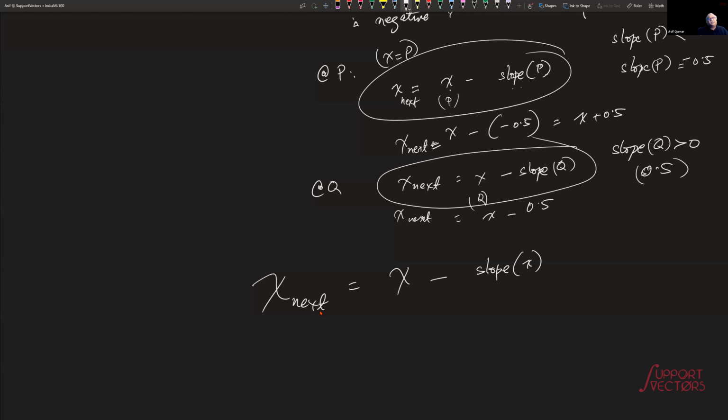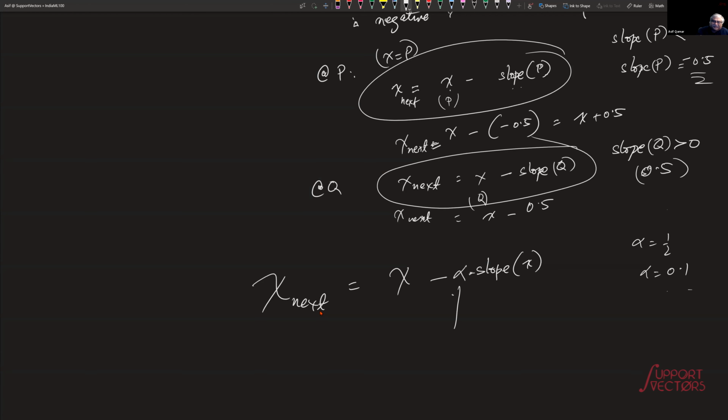You may choose how big a step you take, so you multiply this slope by some number. Suppose alpha is equal to half. You need not take a big step, you may take only half a step, or even smaller, alpha could be 0.1, and so forth.